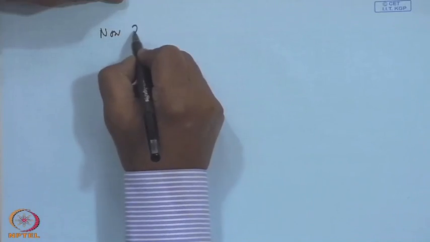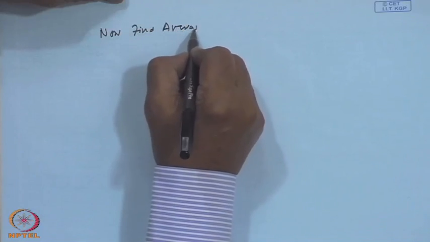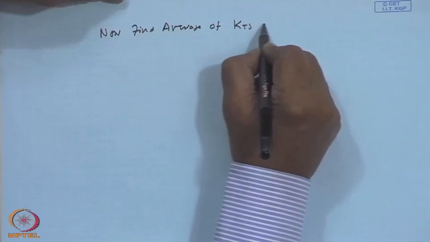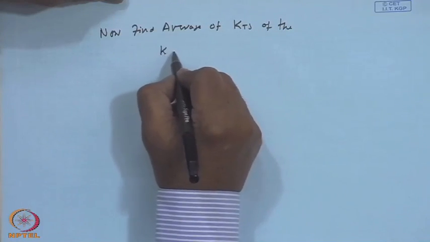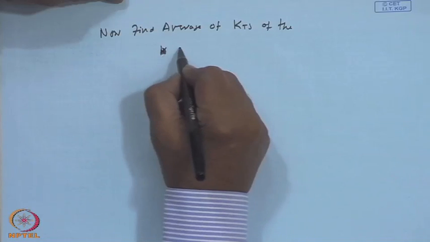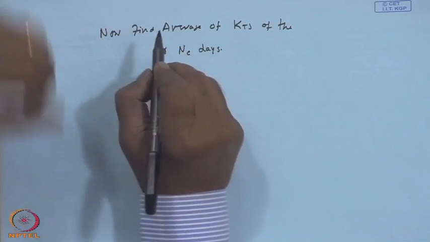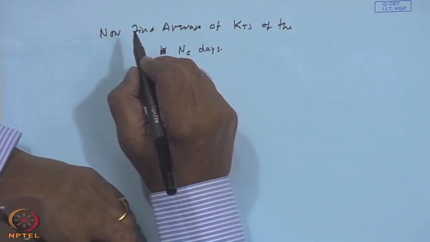So, now find the average of KTs of the NC days. So, what is the clearness index average for the days for which the KT is greater than KT minimum?